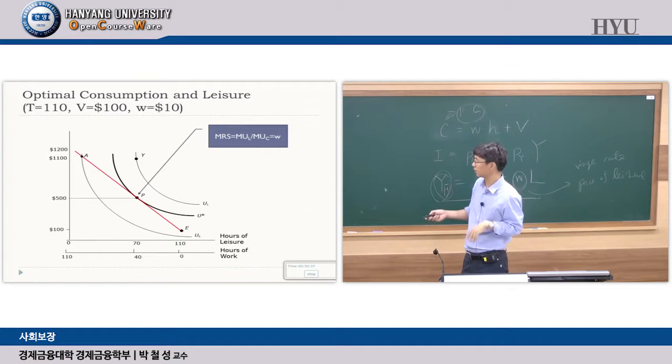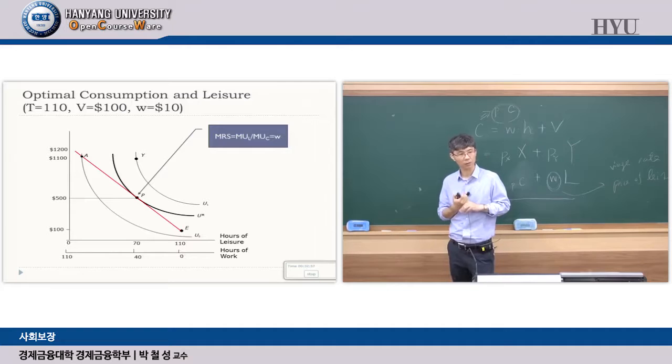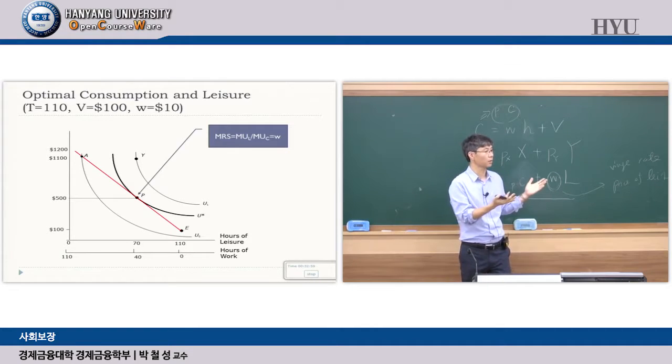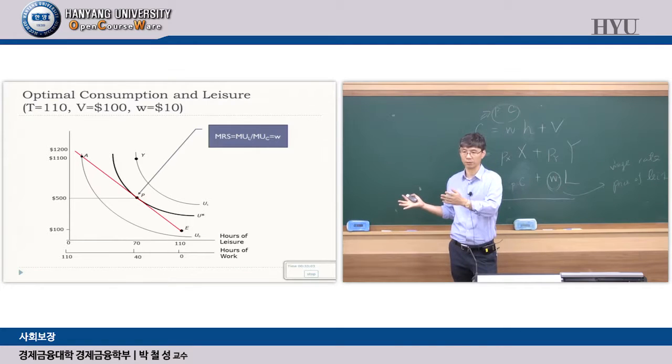It doesn't matter actually how you do it for this one. But anyway, this person gets 70 hours of leisure, and working hours should be measured from right to left. So that's 40. Total number of hours 110 minus 70 should be 40. So we figure out the number of leisure hours, then automatically we figure out the number of working hours.